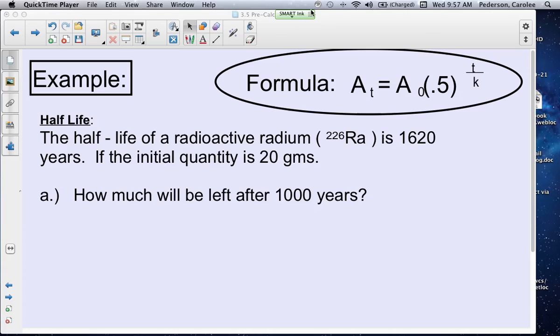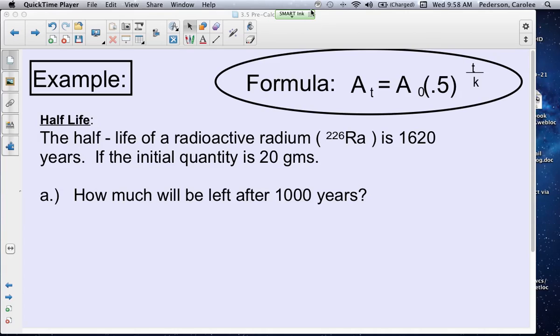So I'll help guide you through this problem. You might see a problem like this in your science classes. They talk about half-life. Do they do that in science? Yeah. A little bit? Okay. So here's what we're given, a half-life question. The half-life of radioactive radium, 226 Ra, is 1,620 years. So it takes 1,620 years for this radium to decrease by half its initial amount.